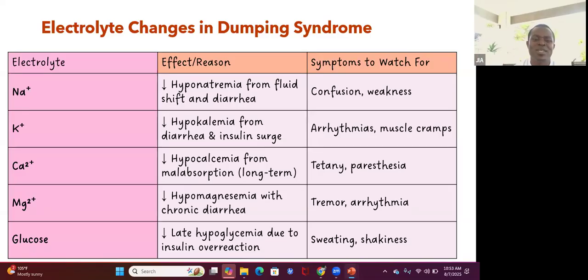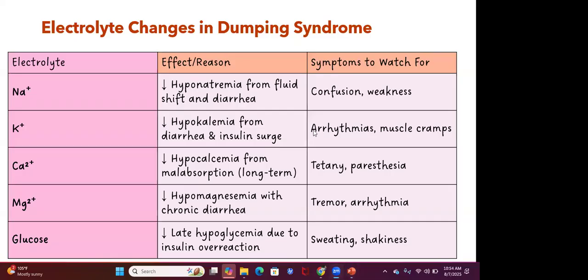Generally, what's the relationship between calcium and potassium? I'm asking this. You answer me in terms of directly proportional or inversely proportional. Who wants to try? Directly proportional.